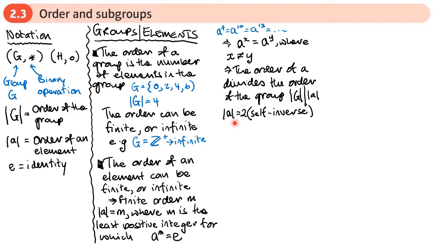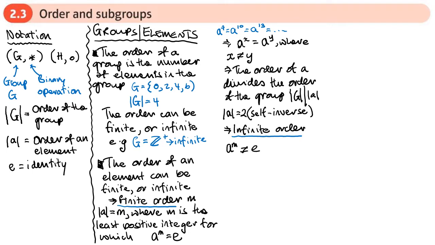Okay, so now let's briefly look at elements which have an infinite order. Infinite order, let's underline it so we can see where we're going from one thing to another. If an element has an infinite order, that means that you will never be able to generate the identity.